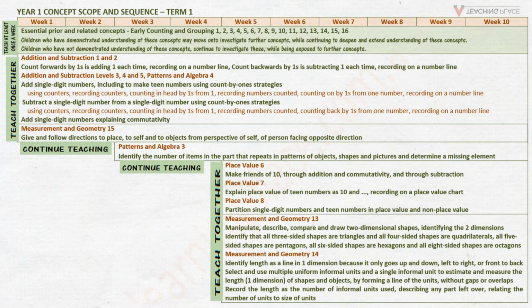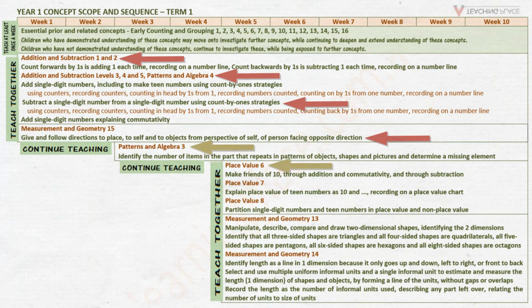For example, counting by ones on a number line, adding and subtracting counting by ones, and giving and following directions are all taught in the same time frame. These are prior knowledge needed to identify the number in the part that repeats in a pattern, make friends of 10, and explain place value of teen numbers and partition numbers.